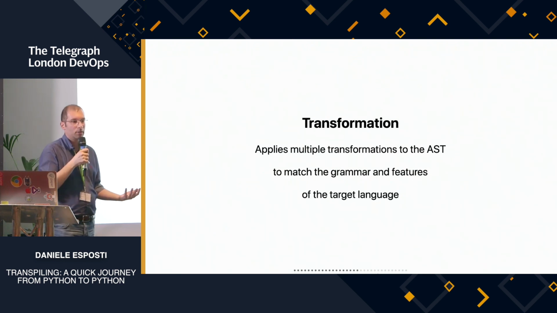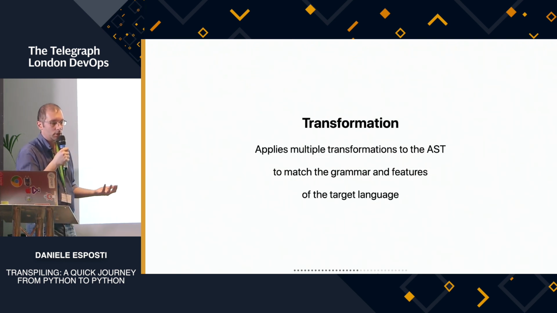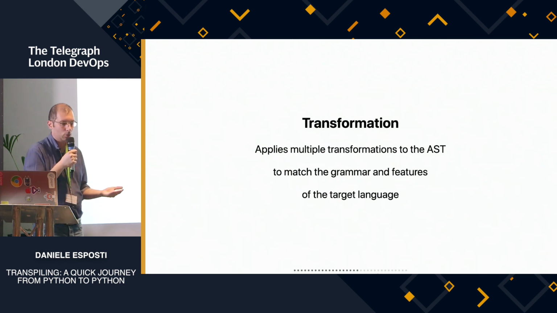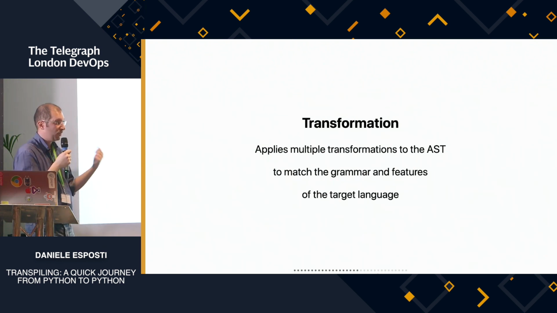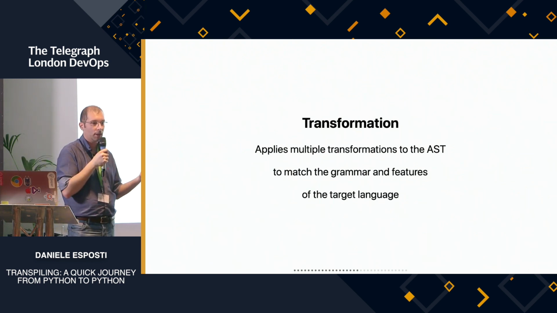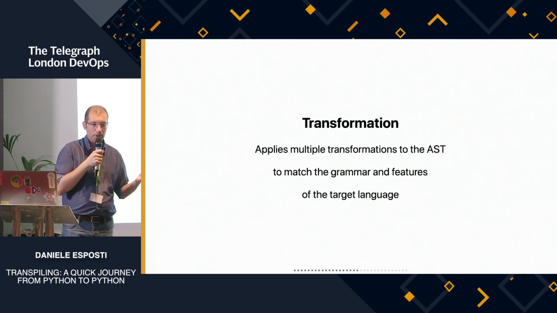And then now you have this beautiful tree which represents your code, and you can apply transformations. You can, for example, transform your code to rename all the variables, prefixing, removing some other information, or move methods or inline other methods.